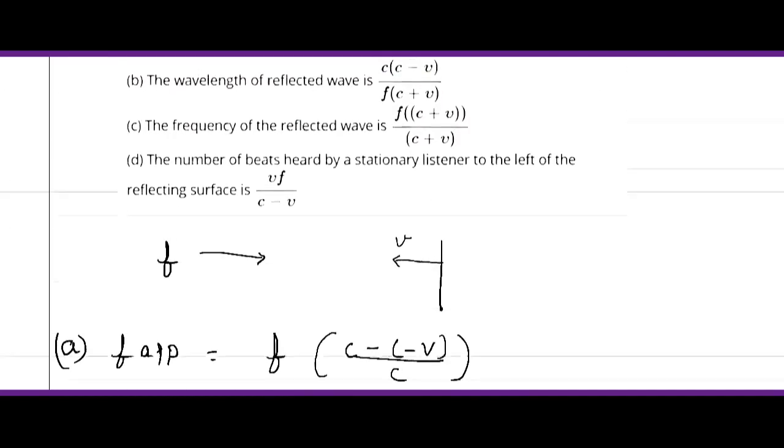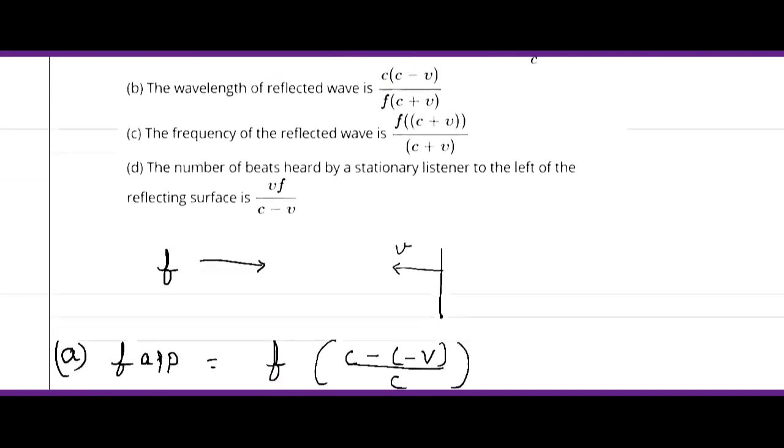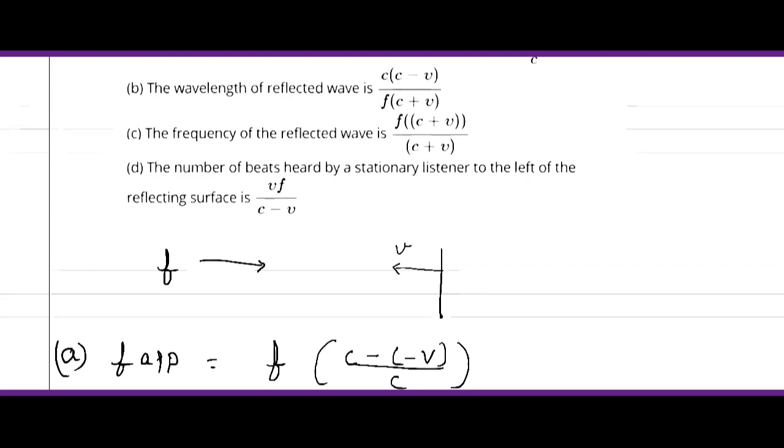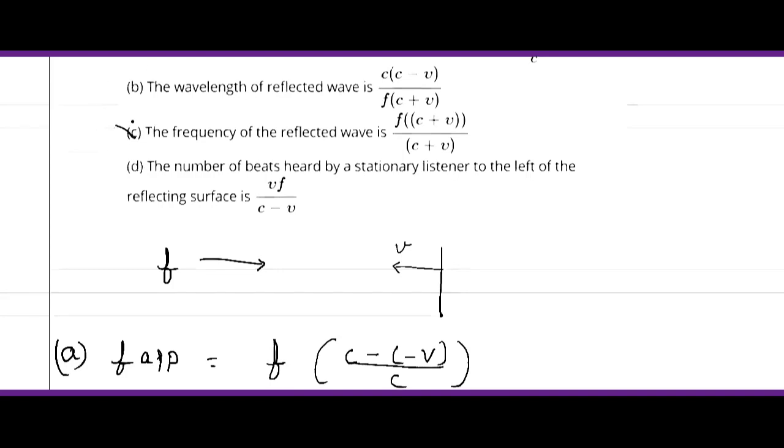So this is the frequency of the reflected wave. So I think this option is incorrect because the frequency of the reflected wave is F into c plus v divided by c minus v, right?